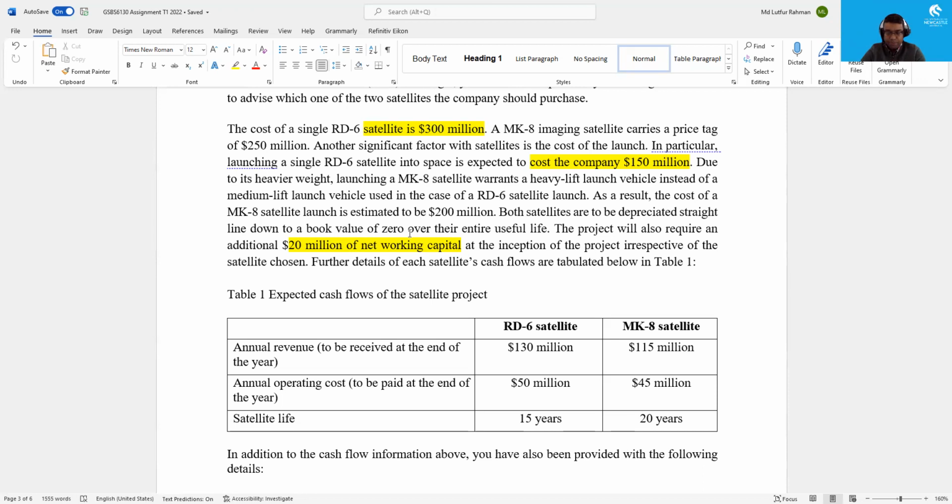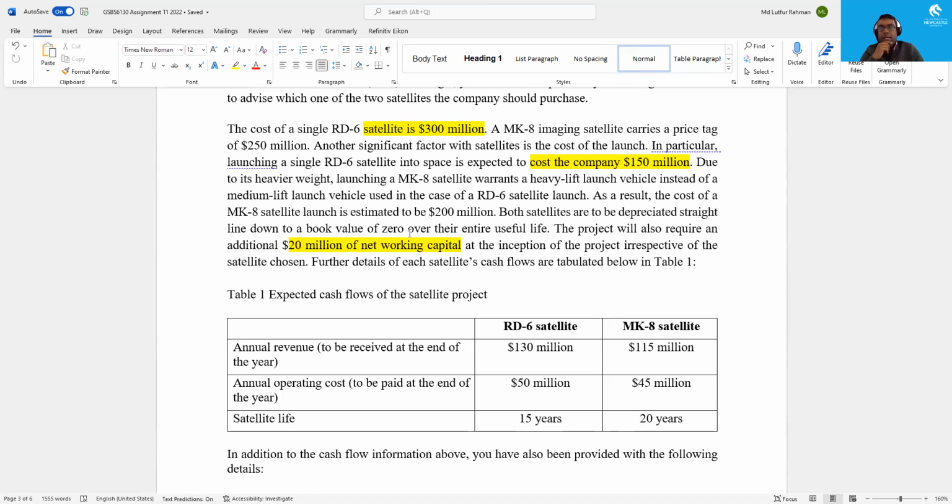Now, the question is, is 300 million the only cost of the asset? It is not, because 150 million, which is the launching cost, also is a part of the cost to make this asset useful.